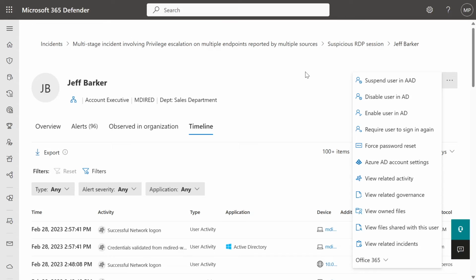So when a user is disabled in Active Directory, it will be synchronized into Azure Active Directory within, on average, 15 minutes. Since this user is a hybrid user, I can decide where I want to disable it, either in Active Directory or Azure Active Directory. In most cases, just disabling in Active Directory should be enough, but in some cases, you want to disable them both at the same time to reduce the time it takes to sync in both places.